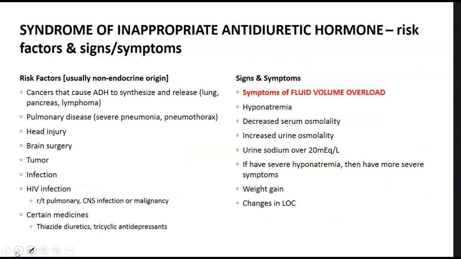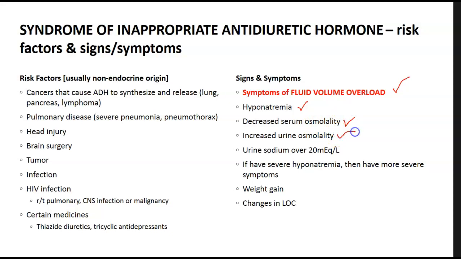Factors, a lot of times they are non-endocrine in origin. Make sure you just know your signs and symptoms of fluid volume overload. Patient might also be hyponatremic because of the dilutional hyponatremia. Decrease serum osmolarity.